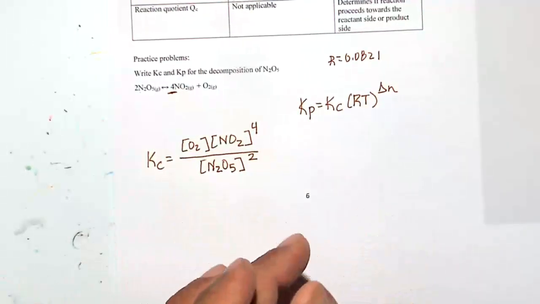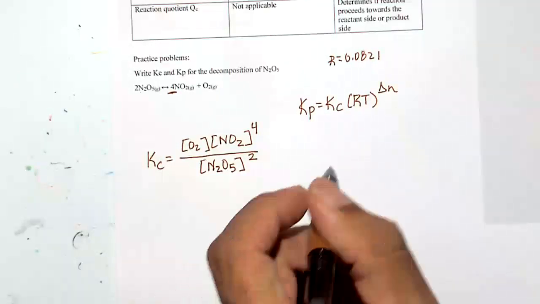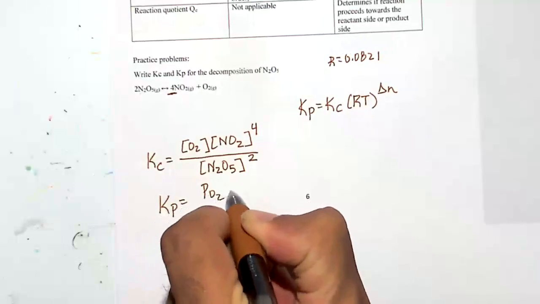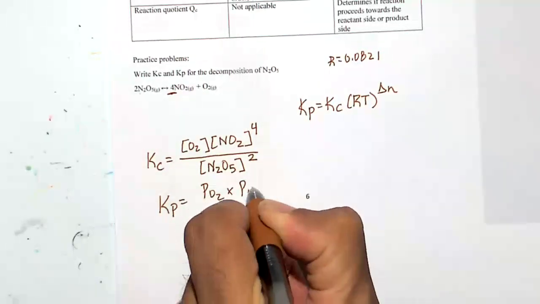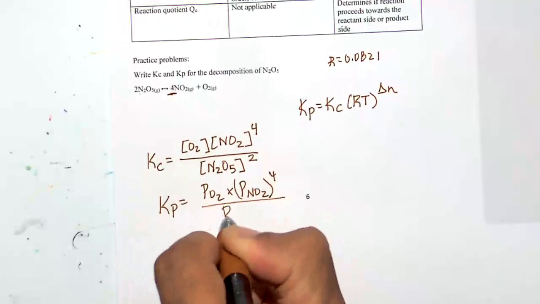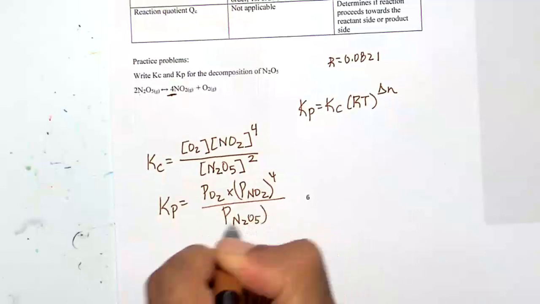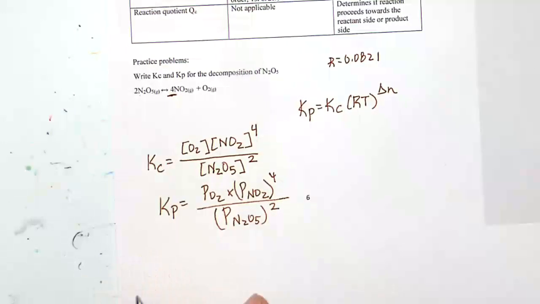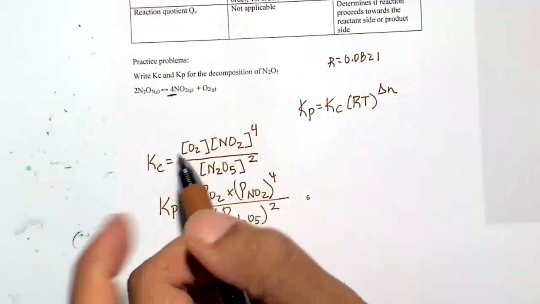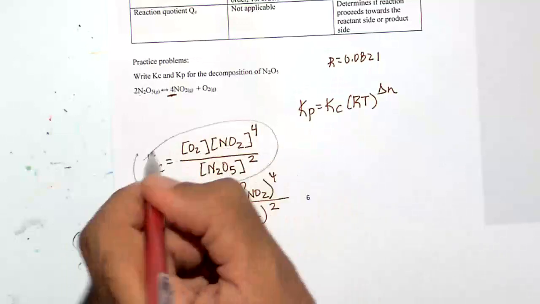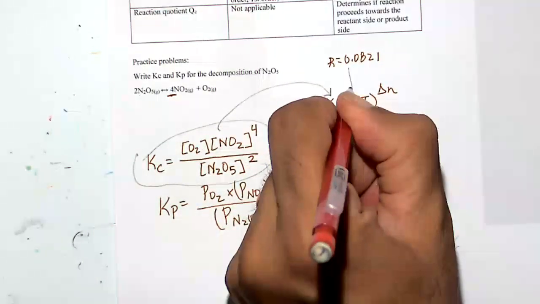What else can we do here? We can also do this in terms of pressure: pressure of O2 times pressure of NO2 raised to the 4th power, divided by pressure of N2O5 raised to the 2nd power. Let's plug R in here.